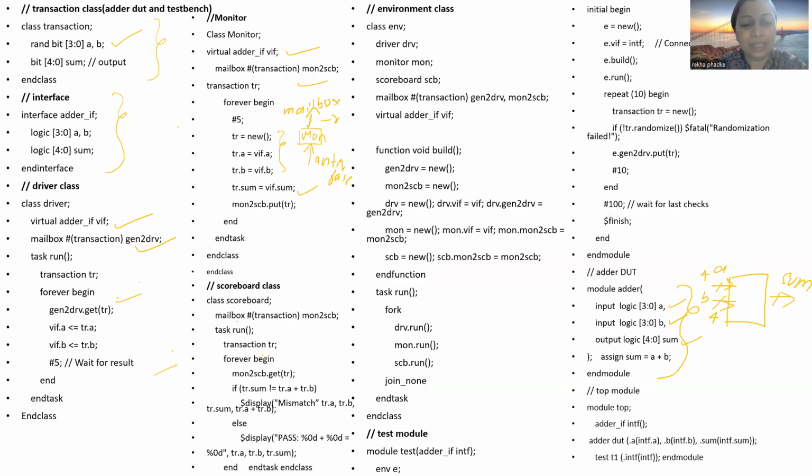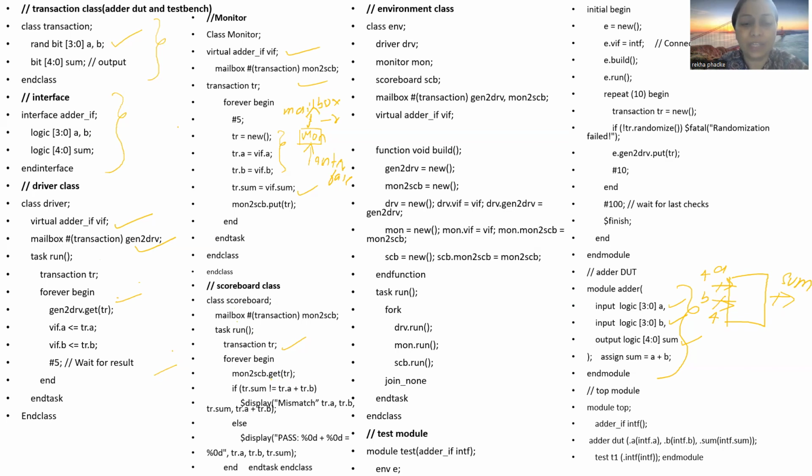Then inside the task run, we generate an object of that transaction, and in the infinite loop from the mailbox I get the object, correct? So mon to scb dot get of tr, because I have already written the packet into the mailbox. Who has written? The monitor has written. So that packet the scoreboard will read, so it has to say dot get.